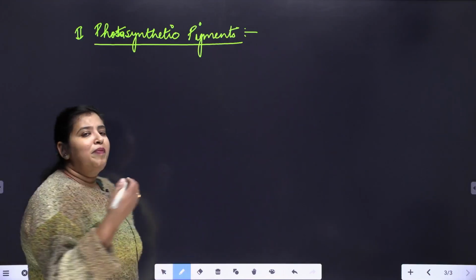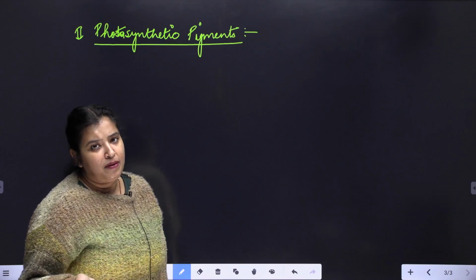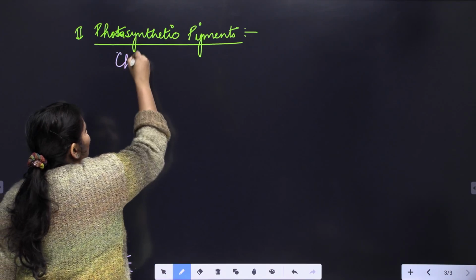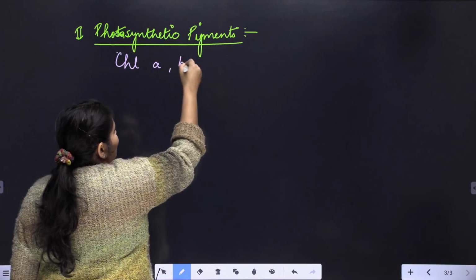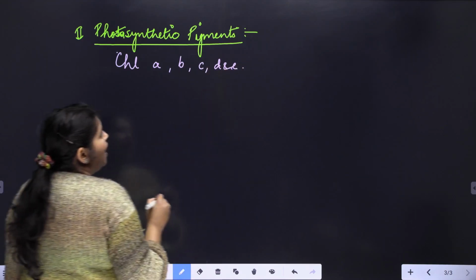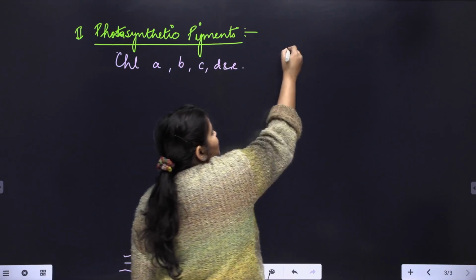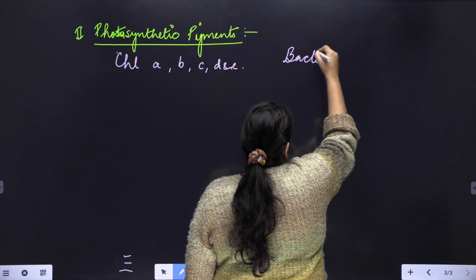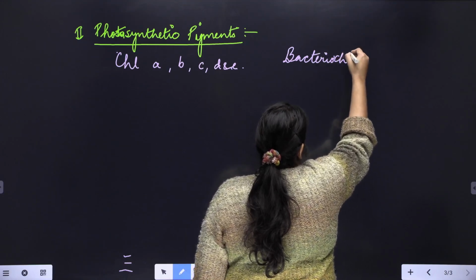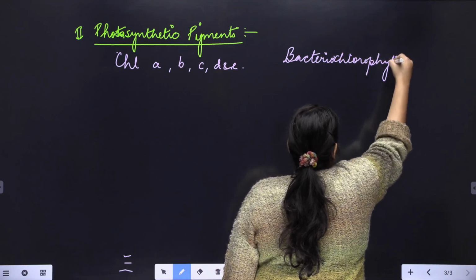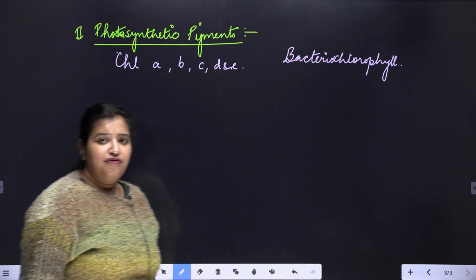Now you all know the main photosynthetic pigment is the green pigment, chlorophyll. But there are different types of chlorophyll: chlorophyll A, B, C, D and E. And along with that, the bacterial cells have bacteriochlorophyll. Fine.